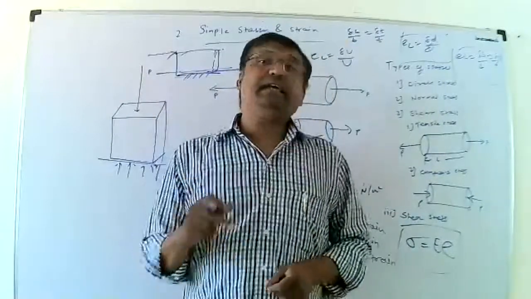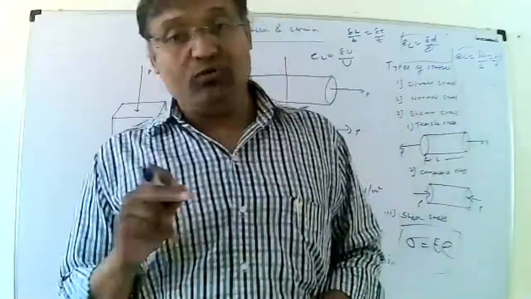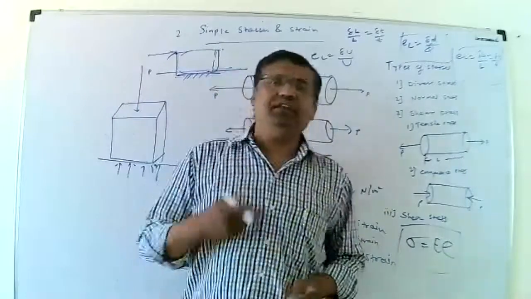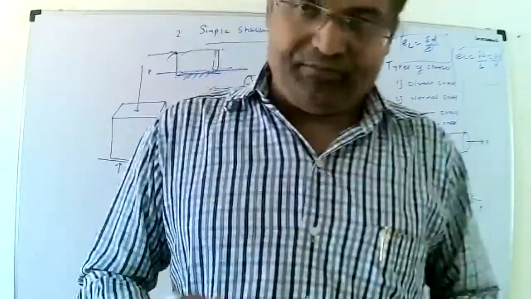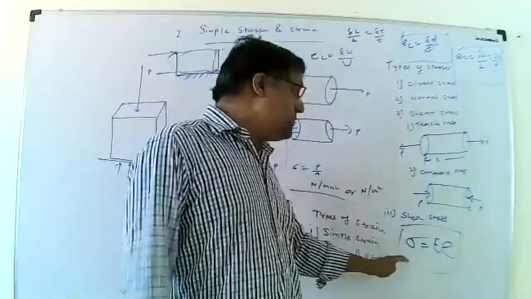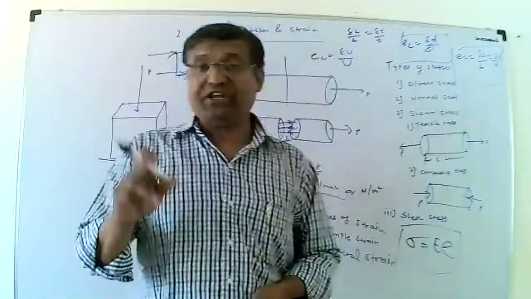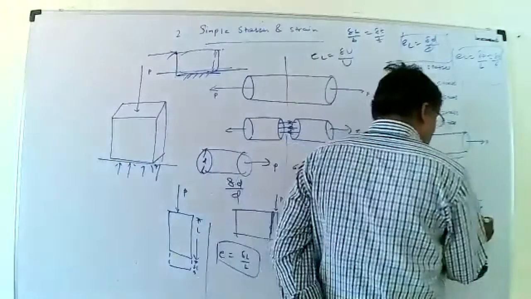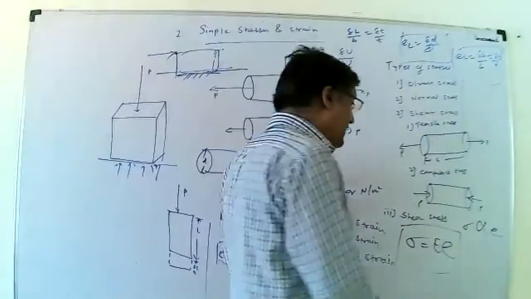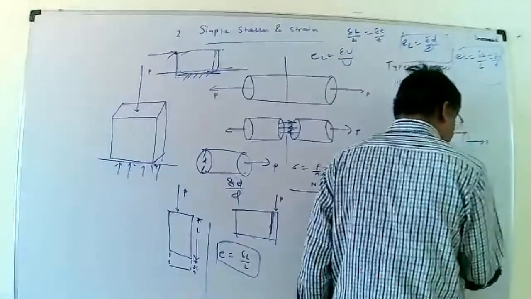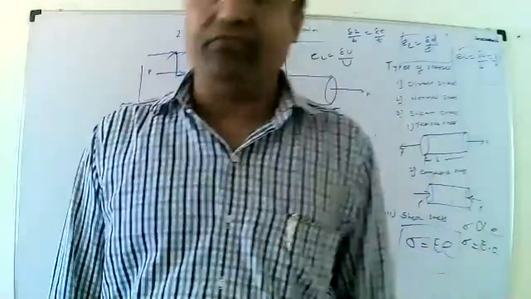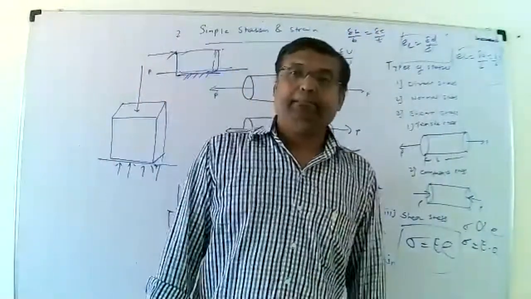Hooke's law states that within the elastic limit, the stress is directly proportional to the strain. Mathematically, sigma is directly proportional to strain, so sigma equals E into strain, where capital E represents Young's modulus of elasticity for that material.